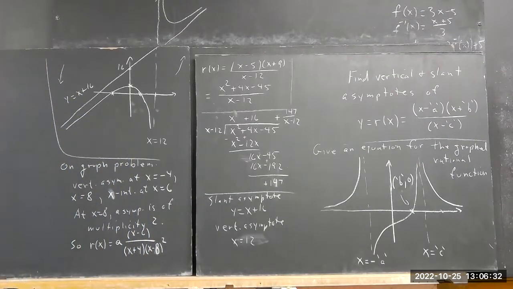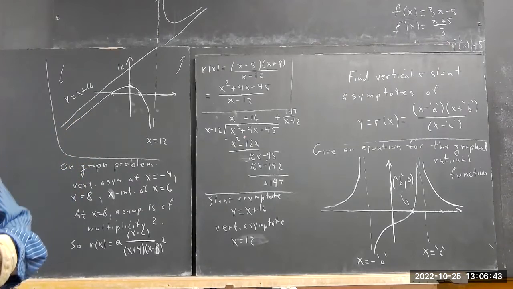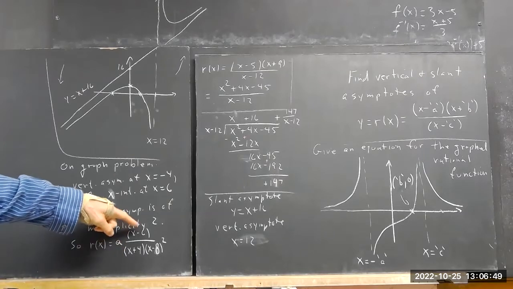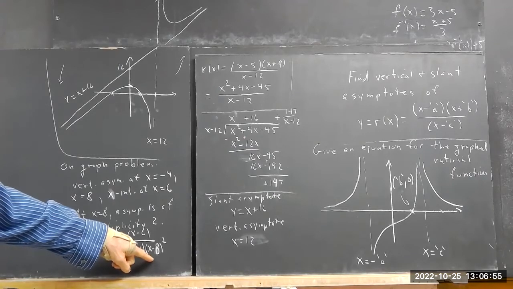Among other things, if you don't have the square on this, you don't get the right long run behavior. If you didn't have the square, then when x is negative, you'd have a negative divided by a negative times a negative, which gives you a negative, right?